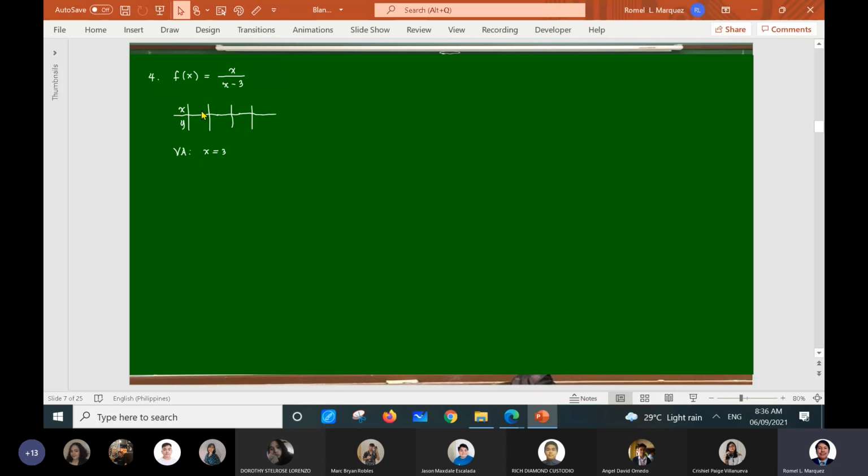So when x is, let's say, 1, 2 to the right, 4, 5. When x is 1, what do you think the value? 1 divided by -2. So that is -1/2. No? 2 divided by 2 minus 3, that is -2.